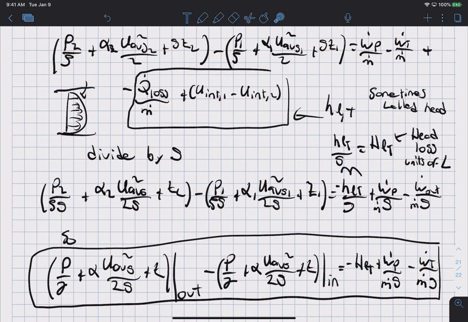But it's not like you can apply heat to your hand and your hands suddenly start moving. And so it's the same thing for the fluid.